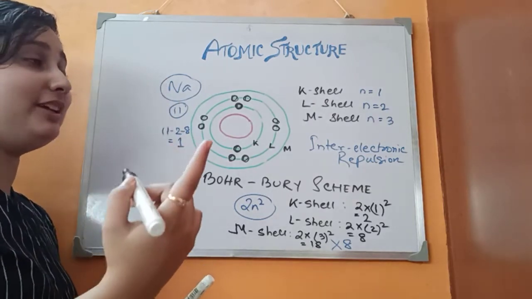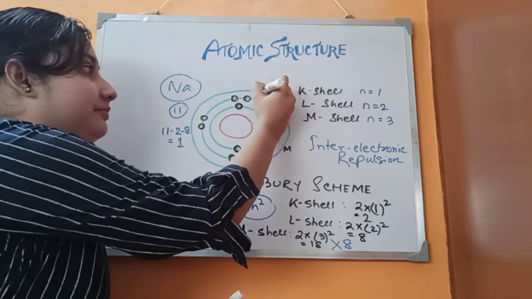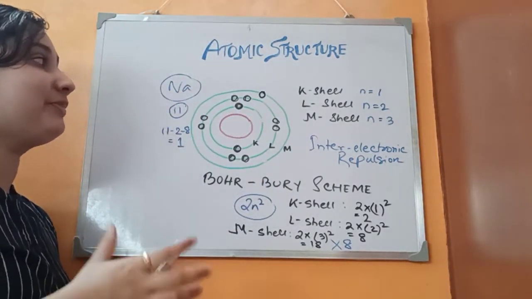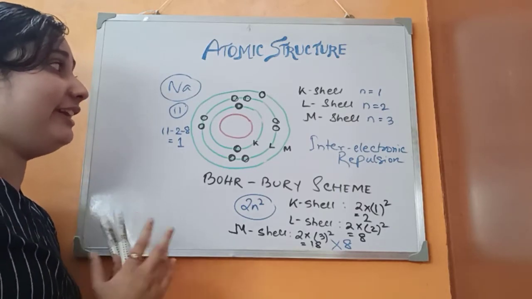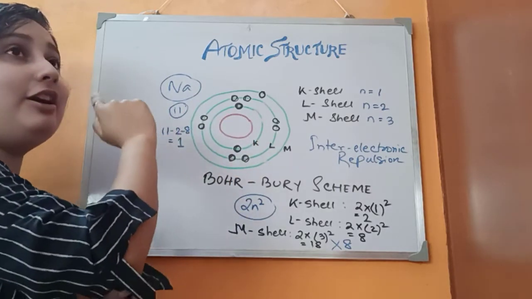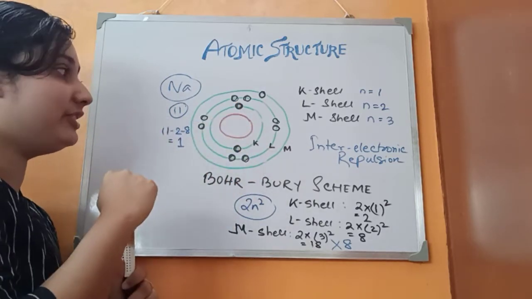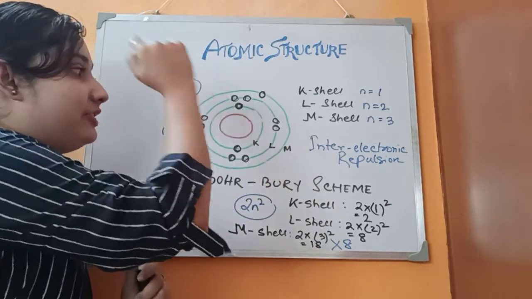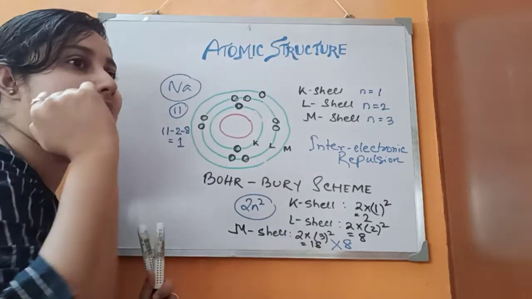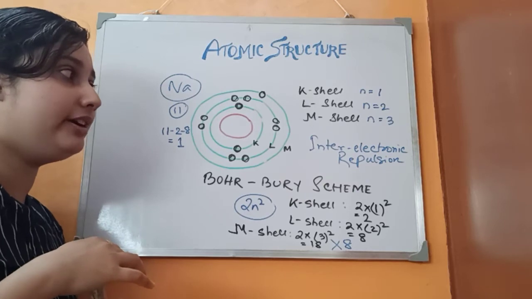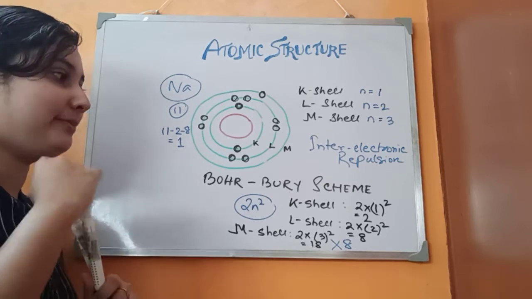We will keep that 1 electron in the M shell. So, we can see that this is the atomic model for sodium. Sodium has 2 electrons in the K shell, 8 electrons in the L shell, and 1 electron in the M shell. Now, if we want to write the electronic configuration, how will we write it?